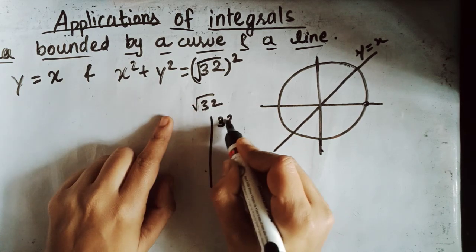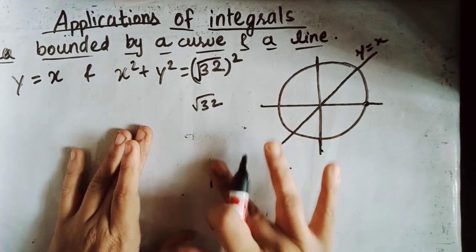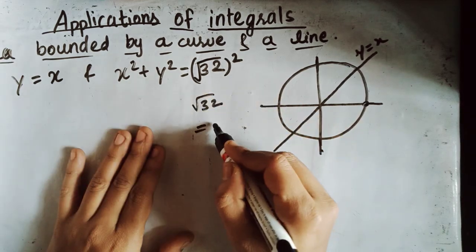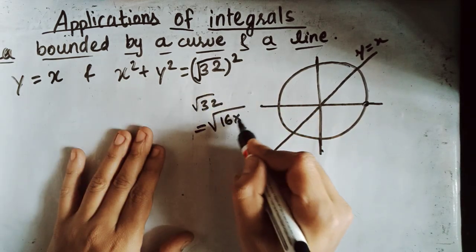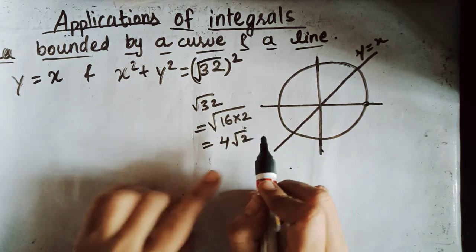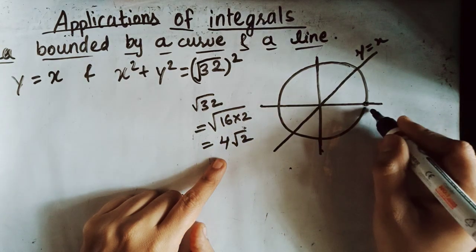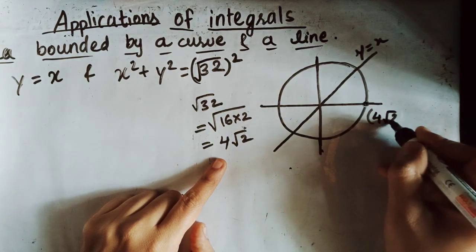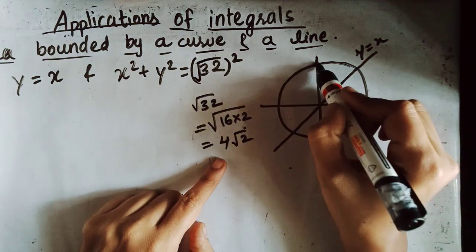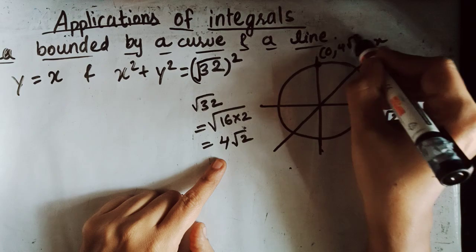Root of 32 can be found by writing 32 as root of 16 into 2, correct? Root of 16 is 4 root 2. So your radius becomes 4 root 2. So this point is 4 root 2 comma 0, and here it is 0 comma 4 root 2.